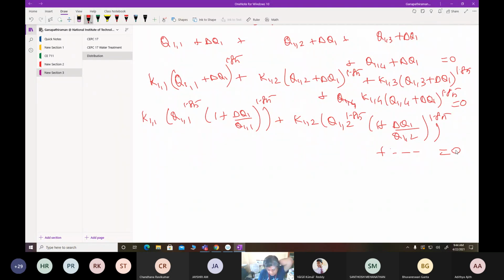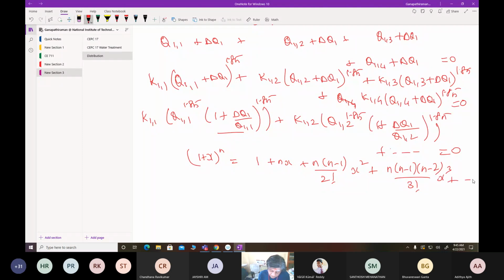So the term within the bracket, I can assume as a fraction: delta Q1 by Q11 is equal to x. The expansion for (1 plus x) to the power n is 1 plus nx plus n(n minus 1) by factorial 2 into x squared plus n(n minus 1)(n minus 2) by factorial 3 into x cubed and so on.